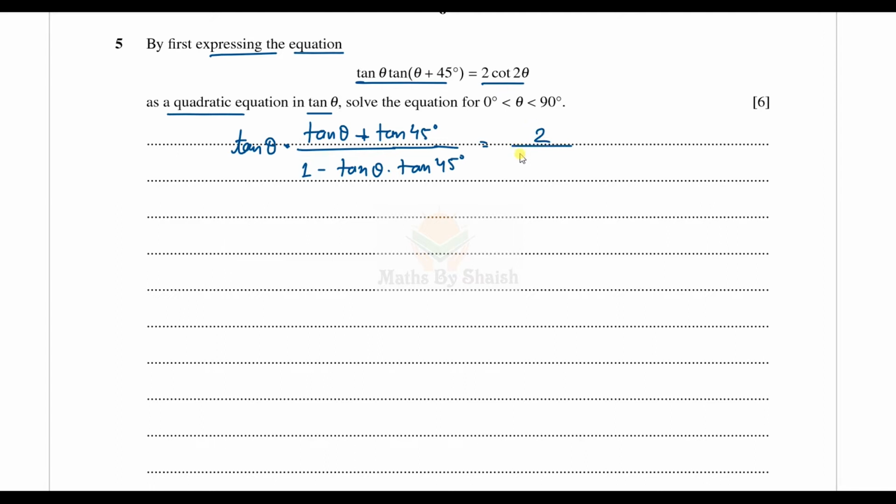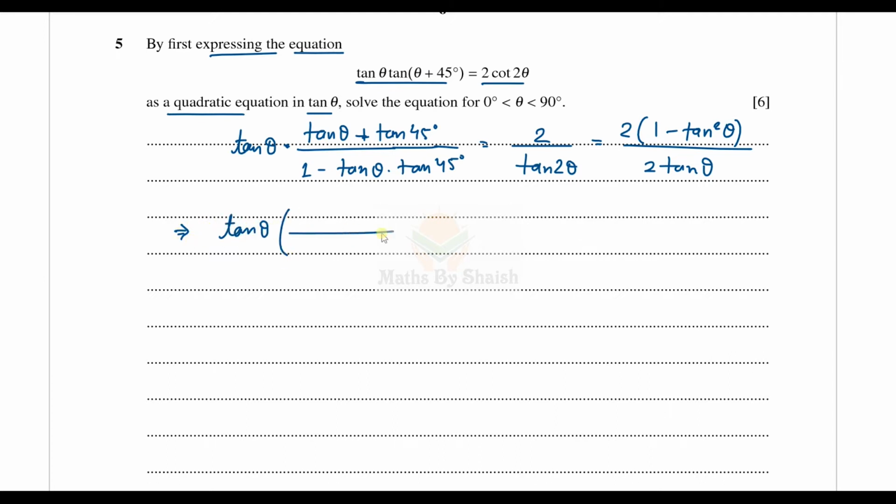I'll write cot theta as 2 upon tan 2 theta, and then we'll use the tan 2 theta formula. It is 2 times tan theta upon 1 minus tan square theta. Now we will cross multiply everything. Let's simplify it one more time.